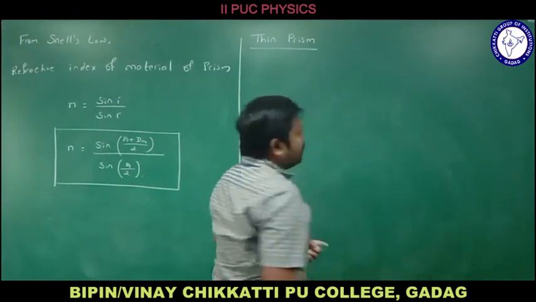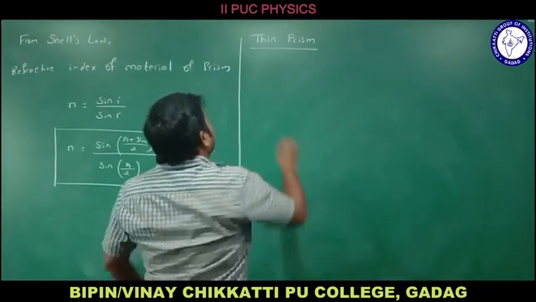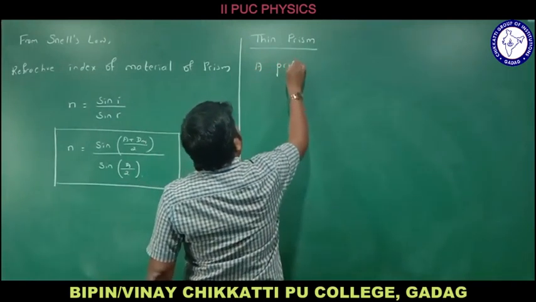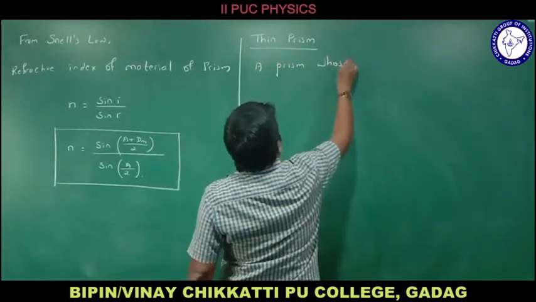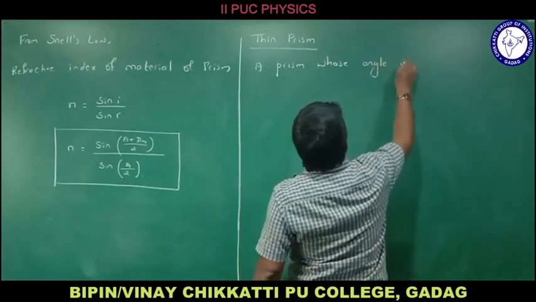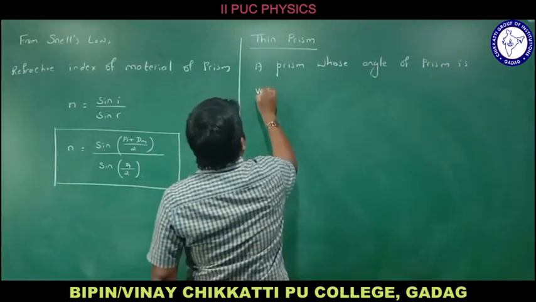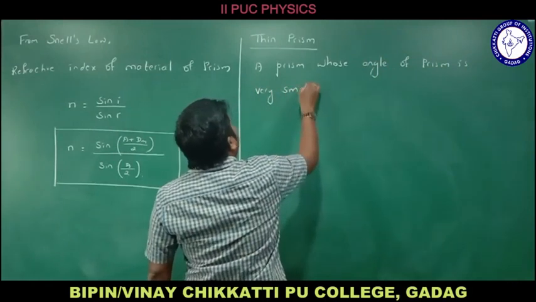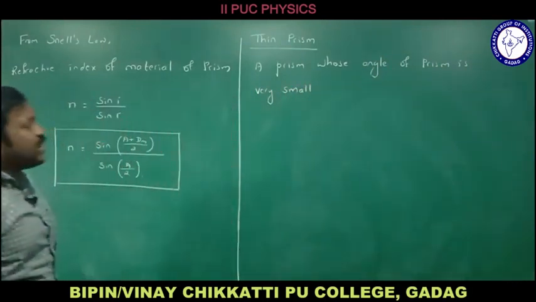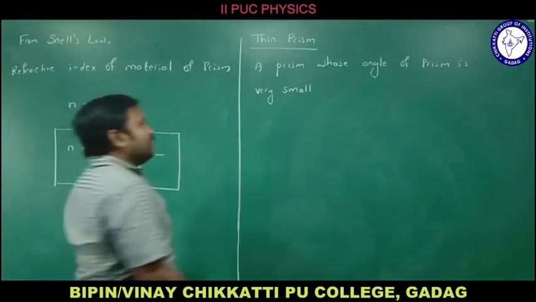When a prism is called as thin prism, right? A prism whose angle of prism is very small.